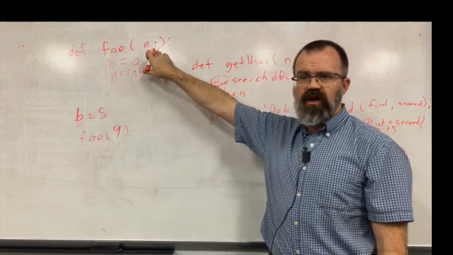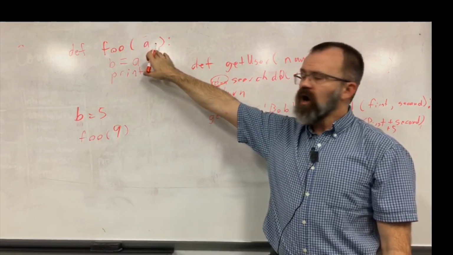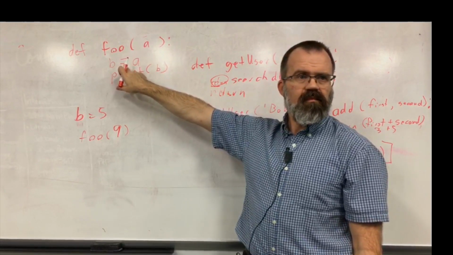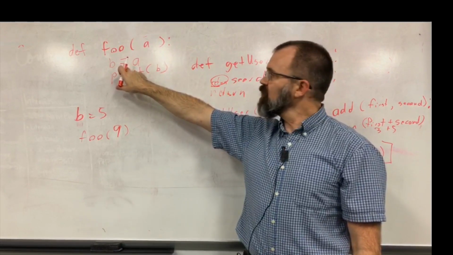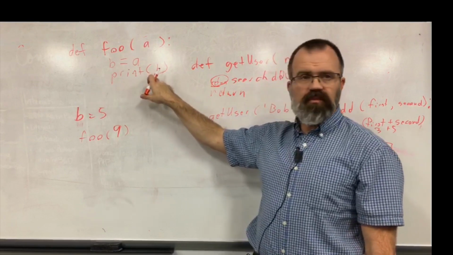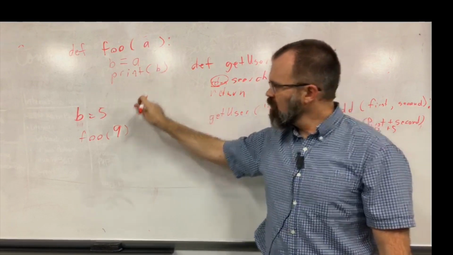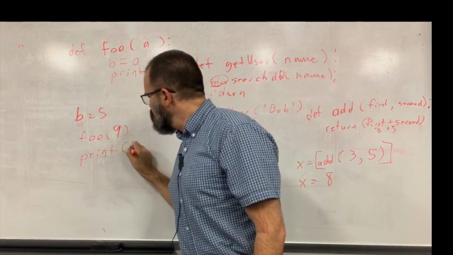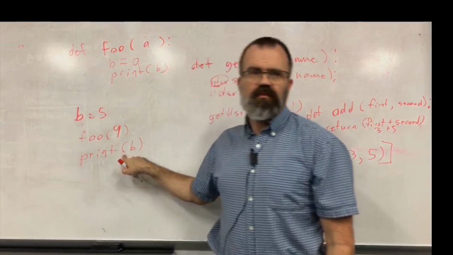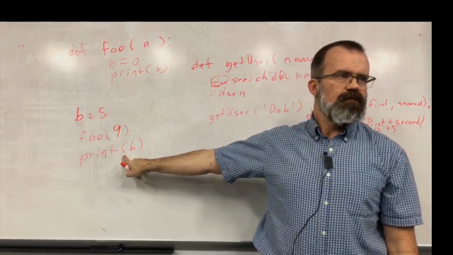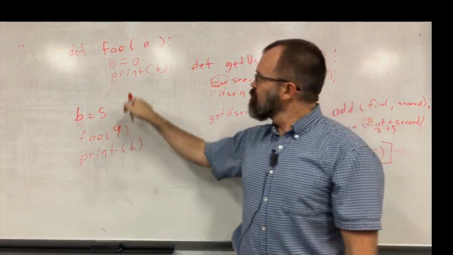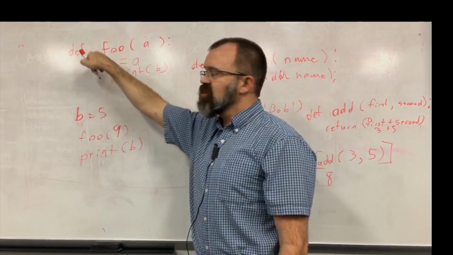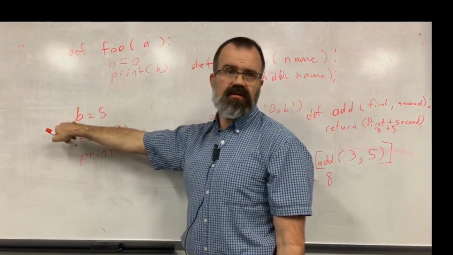What will the value of a be? 9. What will this operation do? Set b equal to 9, and then it will print 9. And so if I come back down here and say print b, what will this print? 5. Because this b is scoped within this function. It is not the same b as this scope.